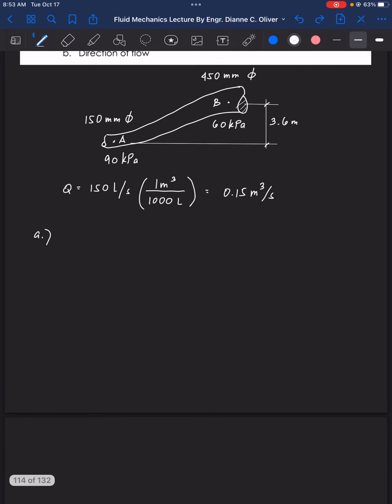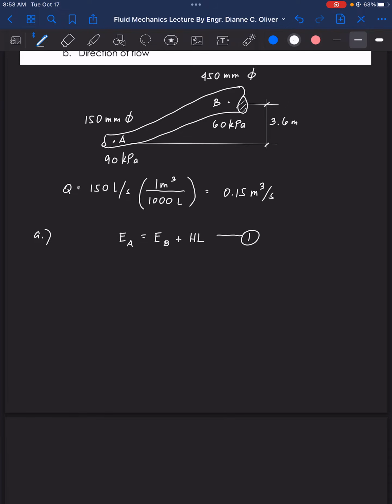our energy at A is equal to the energy at B plus the head loss. So there is our head loss. This is our equation 1.